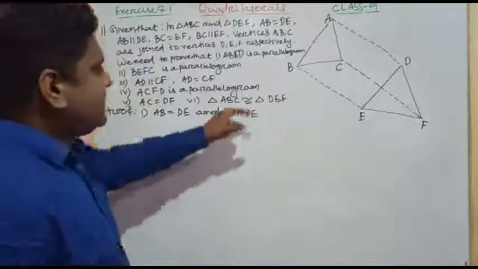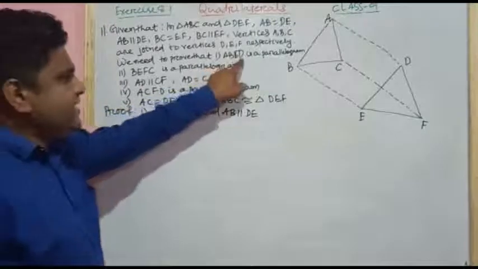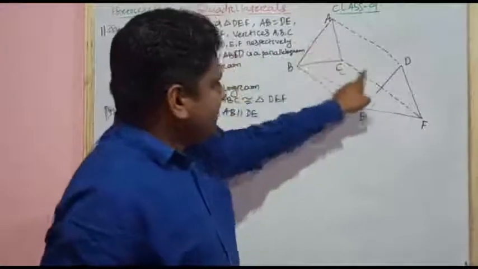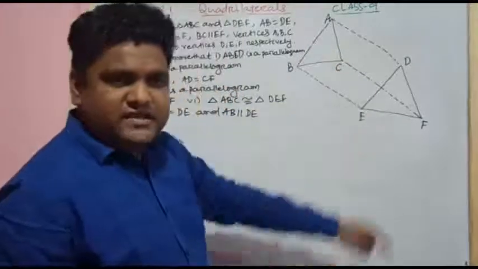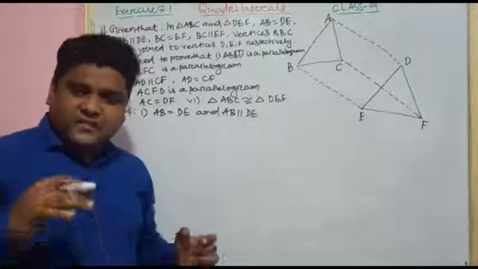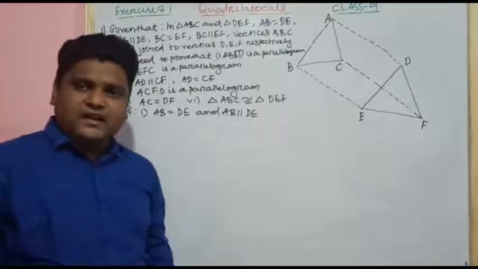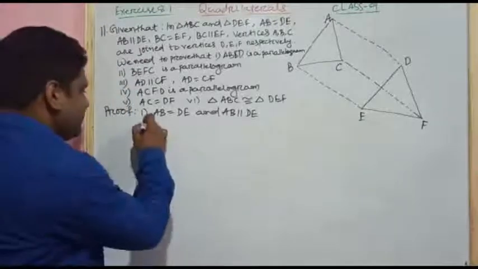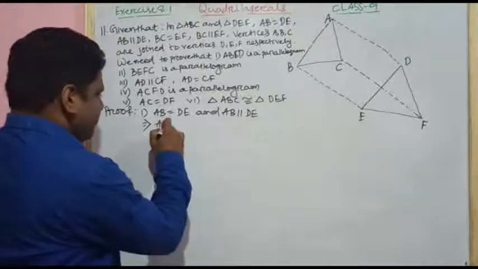See this, in quadrilateral ABED, the side AB and DE are equal and AB is parallel to DE. If a pair of opposite sides of a quadrilateral are equal and parallel, then the quadrilateral is a parallelogram. From here we can write the quadrilateral ABED is a parallelogram.